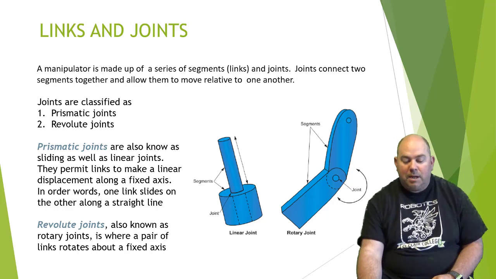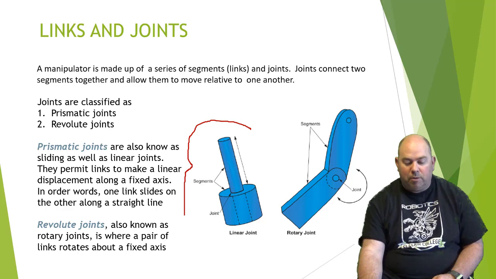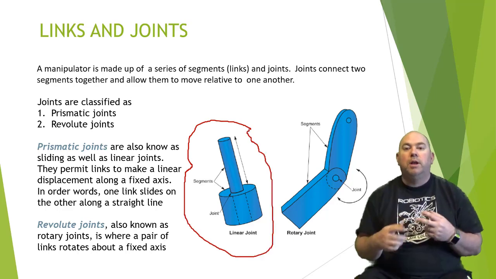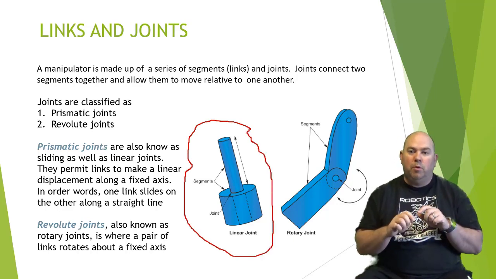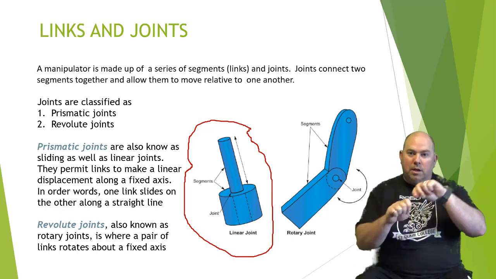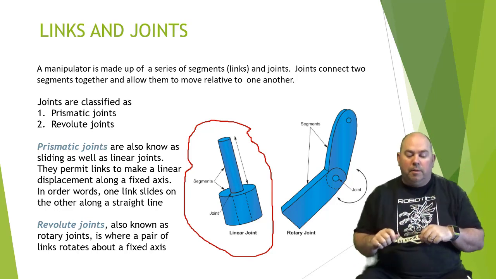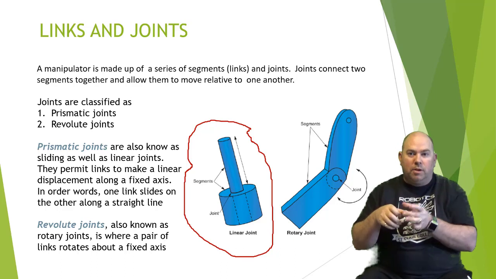A prismatic joint, that's what we're looking at over here. Prismatic or linear joint, that is basically like a pneumatic cylinder, so something that moves in a linear motion. So basically one thing sliding on another.